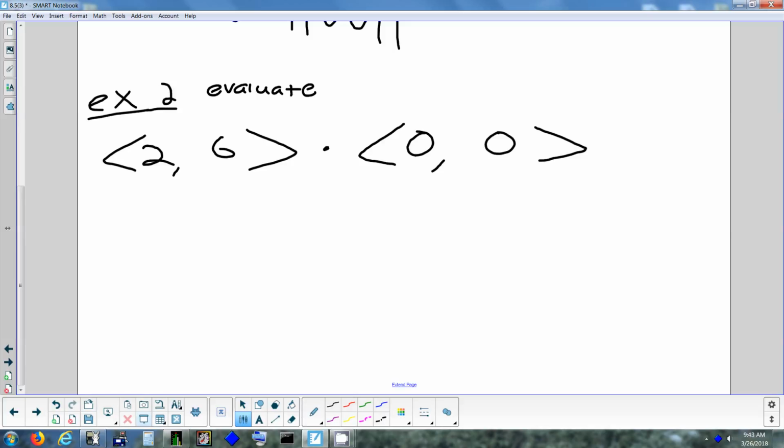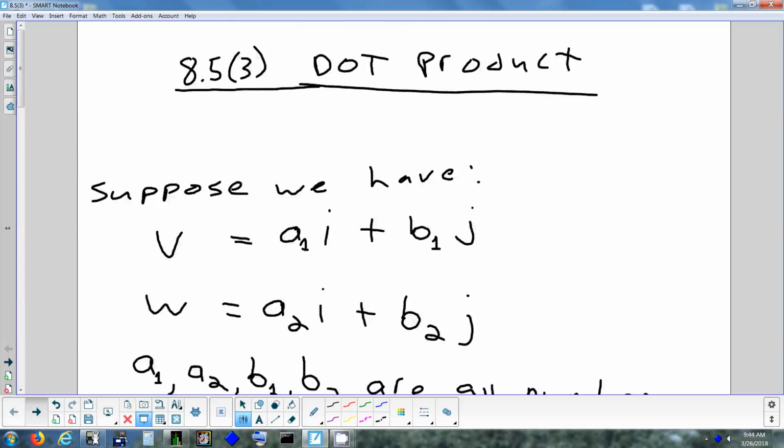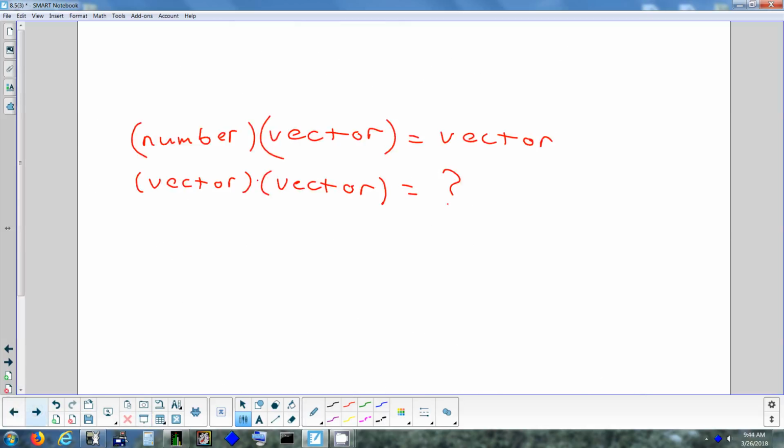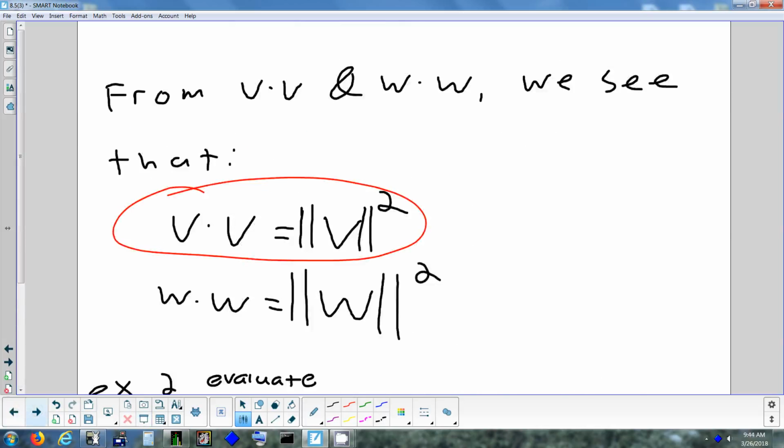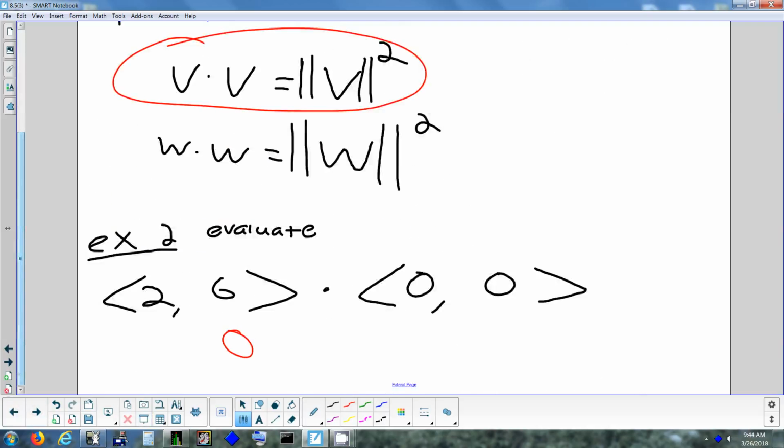It can't be both. Number, right? Whenever we do a dot product, I said earlier, I didn't write it on this page, but I did write it on the other page, a vector dotted with a vector is a number. So the answer to this question is the number 0. Don't make it a bold 0, unless you were doing addition. If you add two vectors and get 0, absolutely, that's the bold 0. But this is a little different.